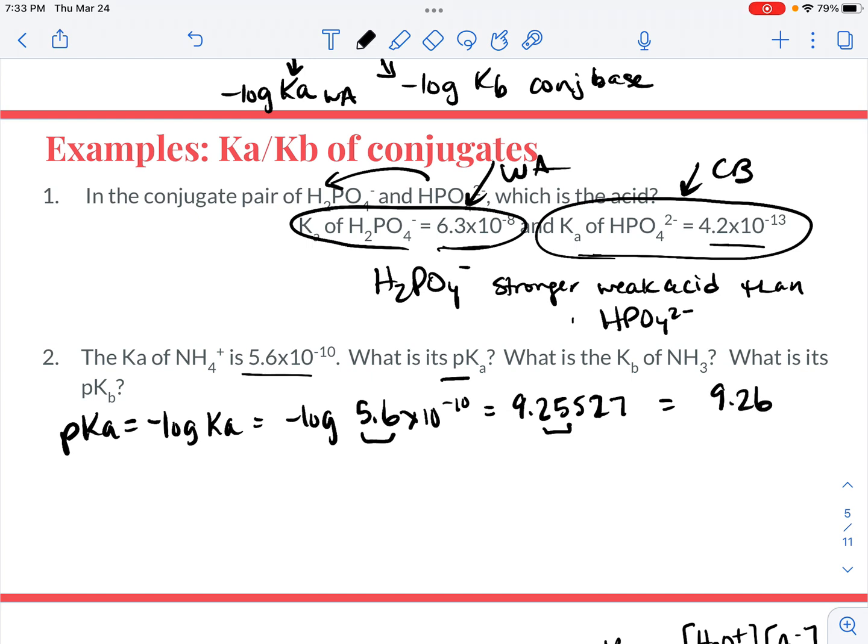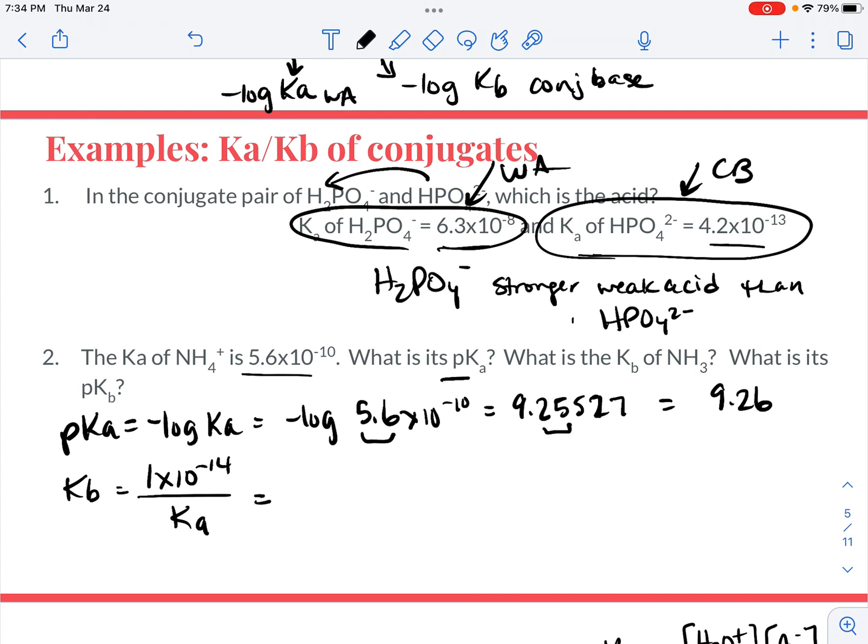I can find the pKb by subtracting the pKa from 14, which is a fast way to do it, but I can also find the Kb from the Ka, and usually this is what I do when we're doing buffer calculations, so I'm going to practice that with you. Remember that the Kb would equal Kw, which is 1 times 10 to the negative 14th, divided by the Ka.